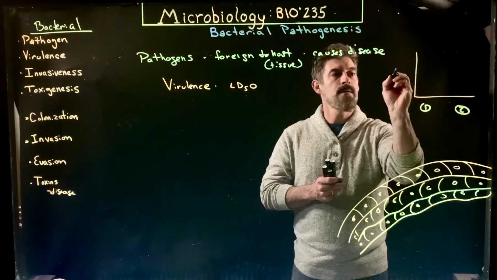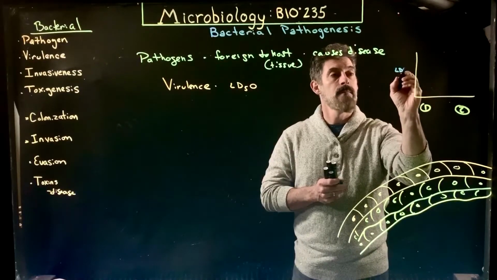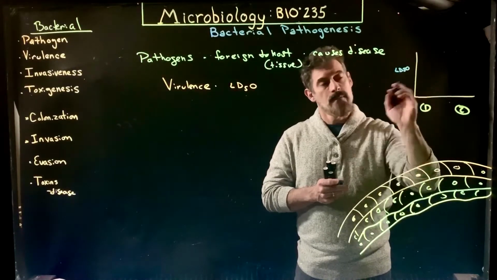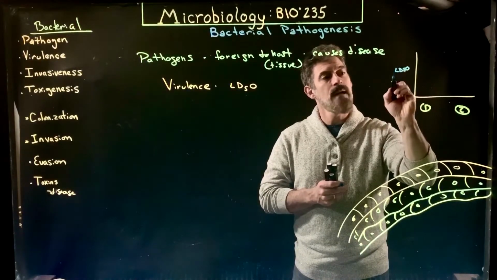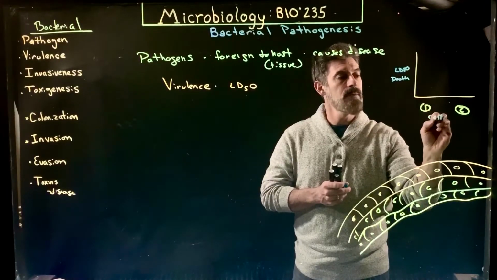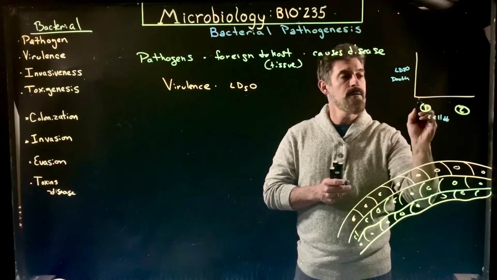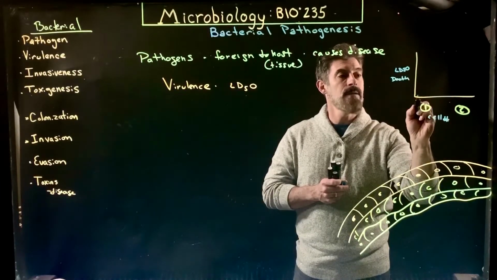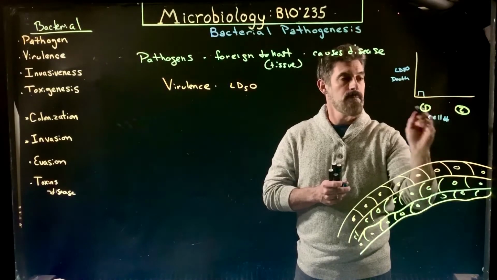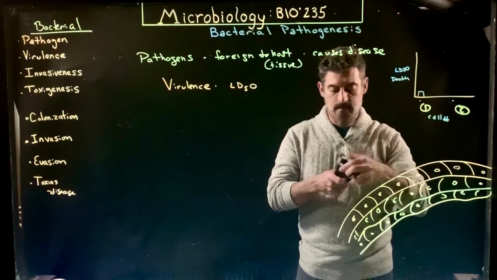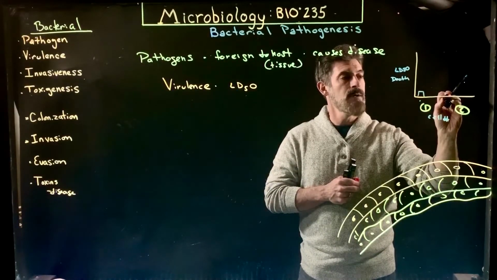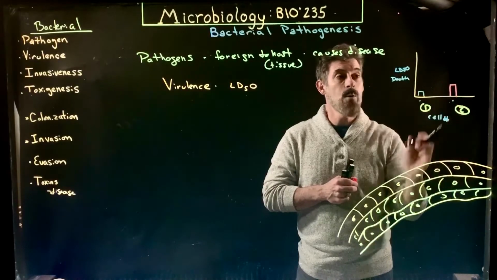This is, let's say, an LD50. It's the number of cells, and this would be the mortality, right? So this is death, and this here would be the cell number that causes death. So we may have a small number of cells causing death here, versus this organism here, where that same small number causes quite a bit more death.